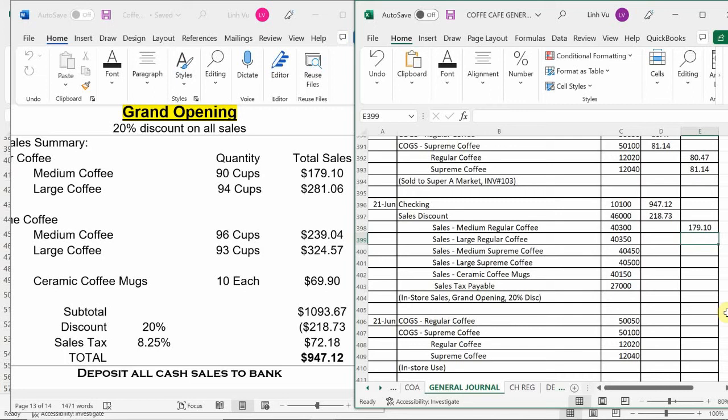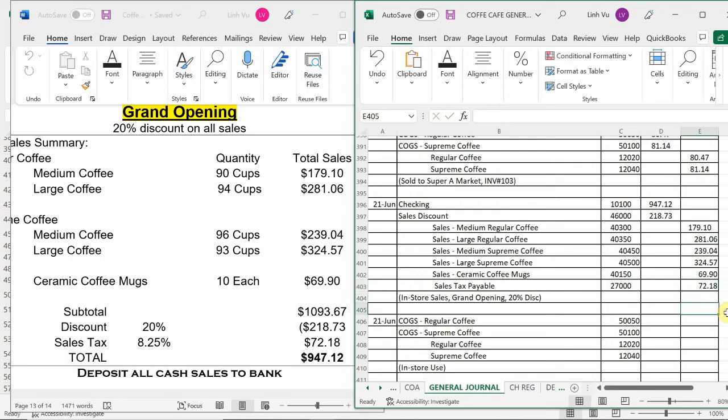Large regular coffee? 281.06. Medium supreme? 239.04. And my large supreme? 324.57. And my ceramic coffee mugs? 69.90. Okay. And last but not least, the sales tax.